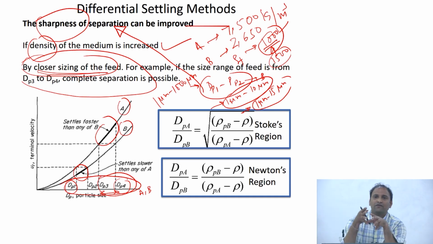So far, when we looked at the motion of particles in a fluid, we have always taken a single particle. When we wrote the force balance, we took one particle, identified the different forces, got the working equation, and then the expression for settling velocity, right? That is the case for a falling ball viscometer for measuring viscosity.